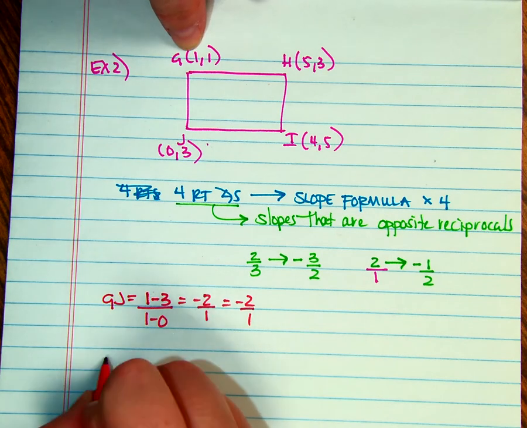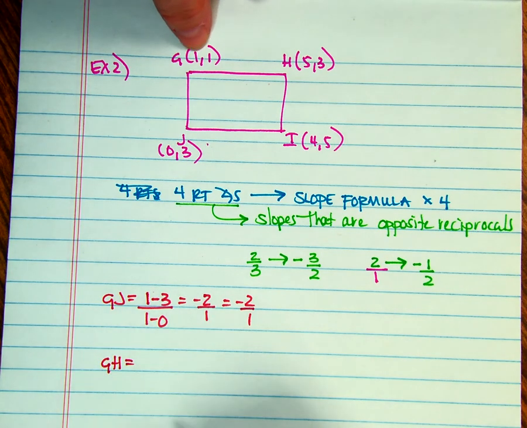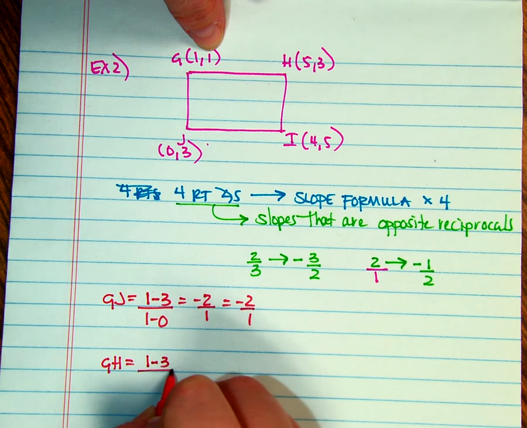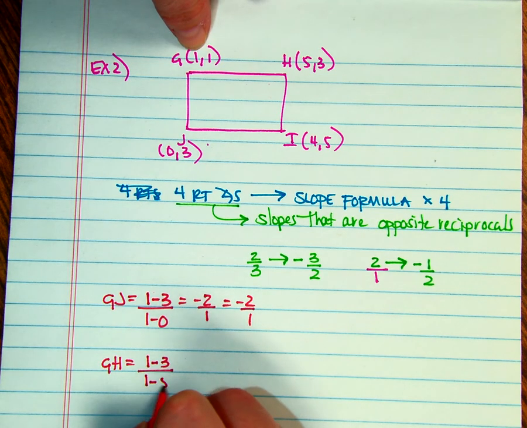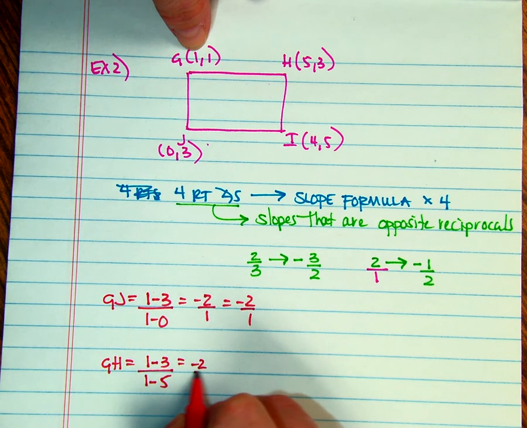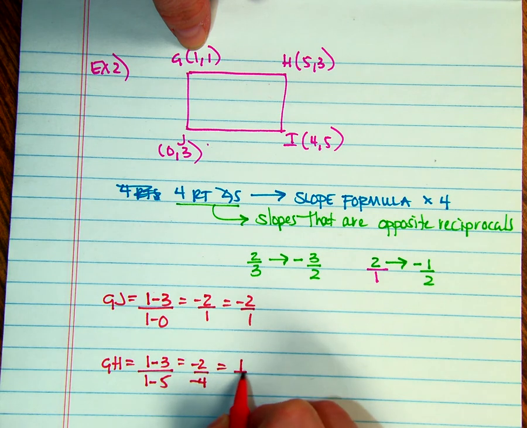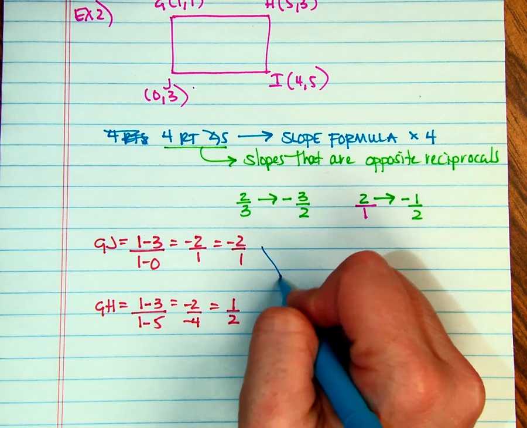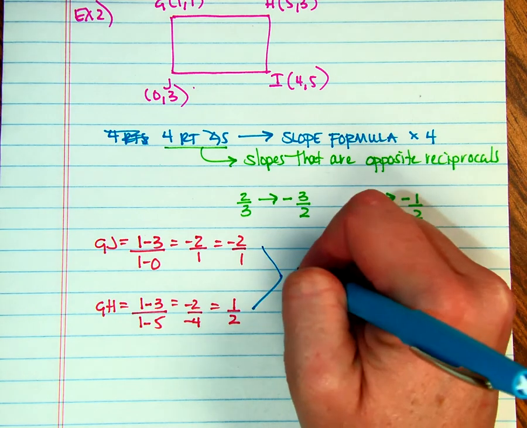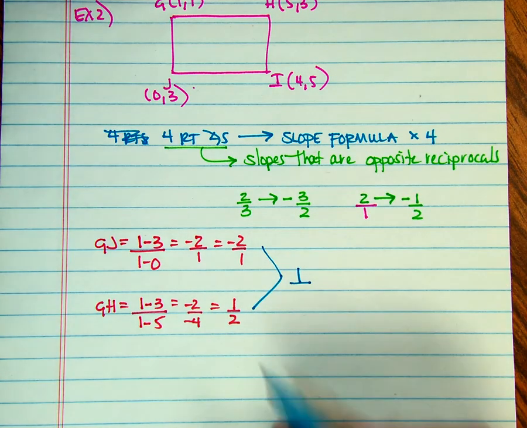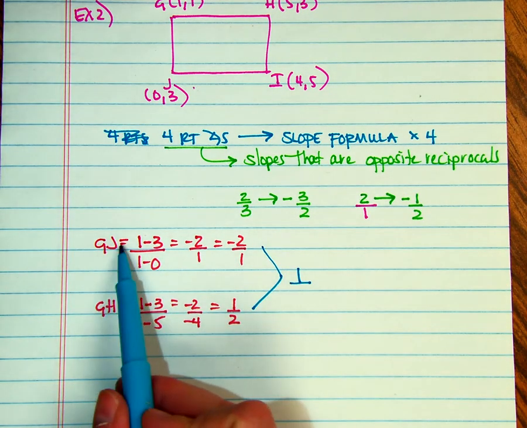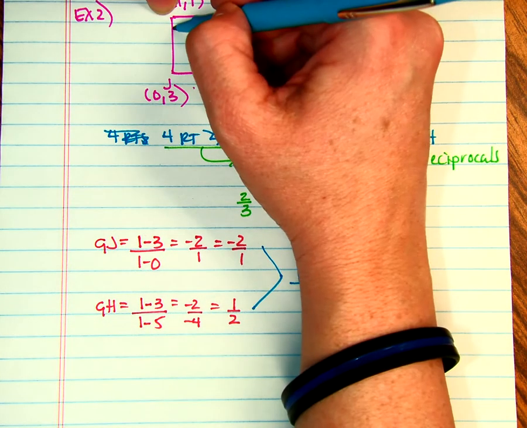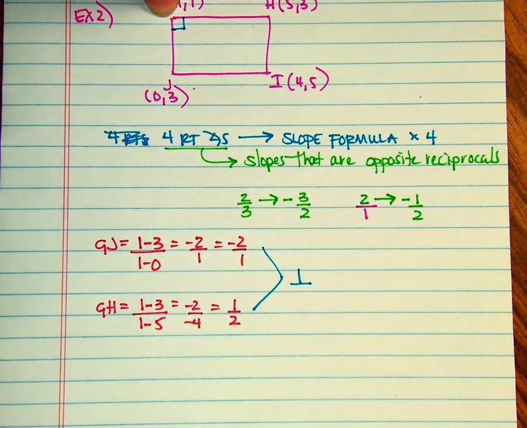I'm going to go ahead and do GH. Change in y would be 1 minus 3 over 1 minus 5, which gives me -2 over -4, which is 1/2. So notice these are opposite reciprocals, which means that those are perpendicular. So between GJ and GH, I can go up here and put my right angle indicator.